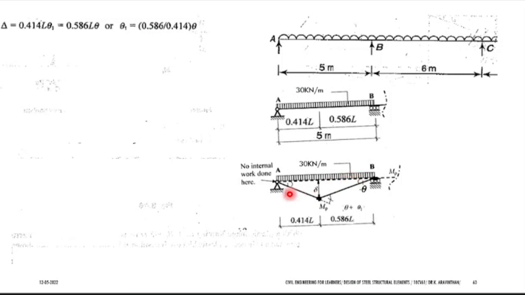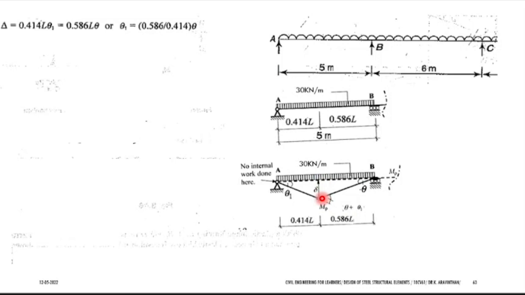If this is the case, you can take this as theta 1 and theta 2. How to find this distance? You can use tan theta. If you are using tan theta 1, what will be your answer? Tan theta 1 equals, what is this length? 0.414 L. You can take this as delta.